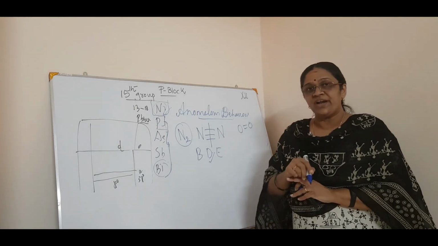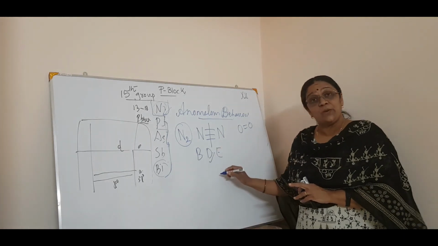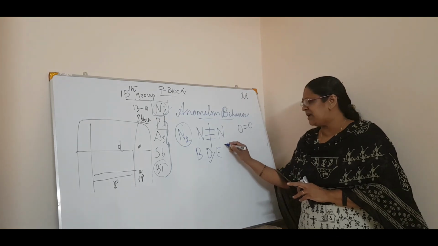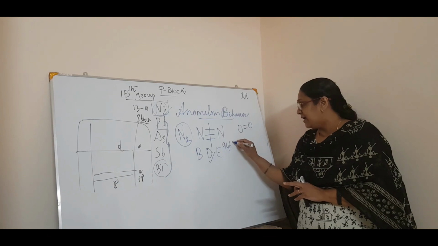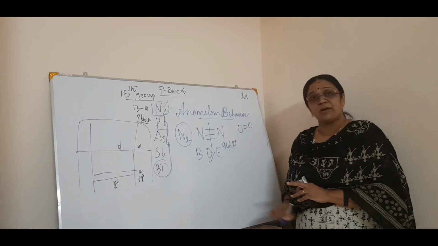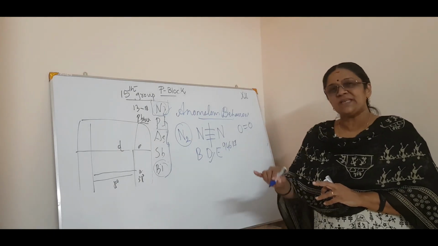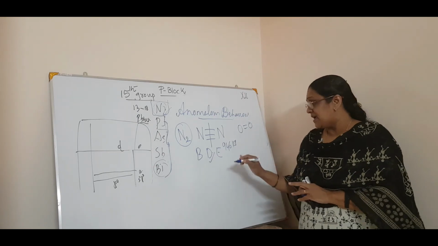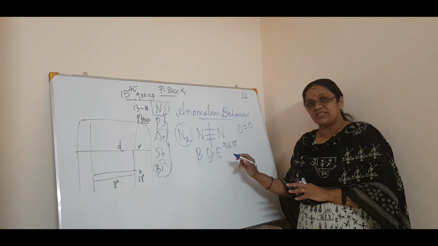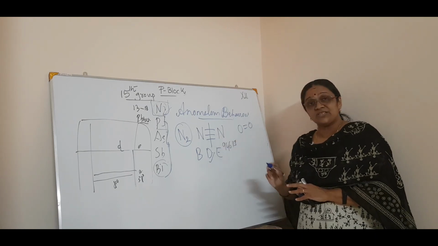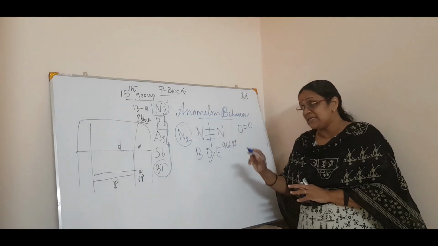Being triple bonded, the bond enthalpy is very, very high. For example, it will be approximately 946 kilojoule per mole, approximately 950. See the text. So that much energy is needed for the N triple bond N.